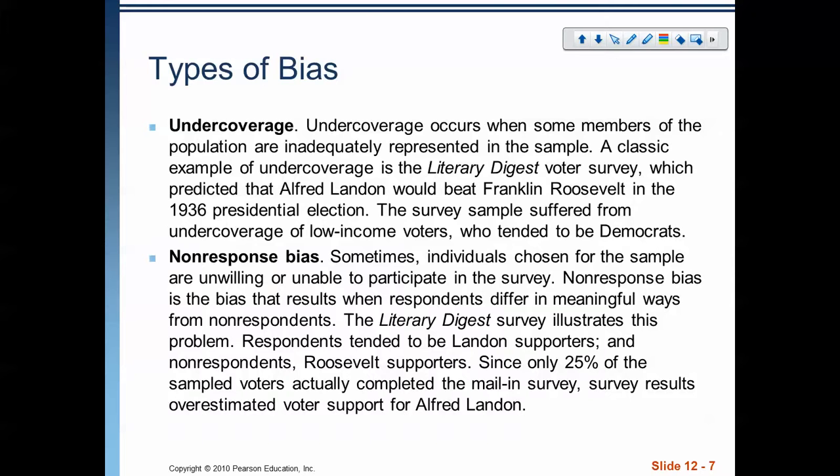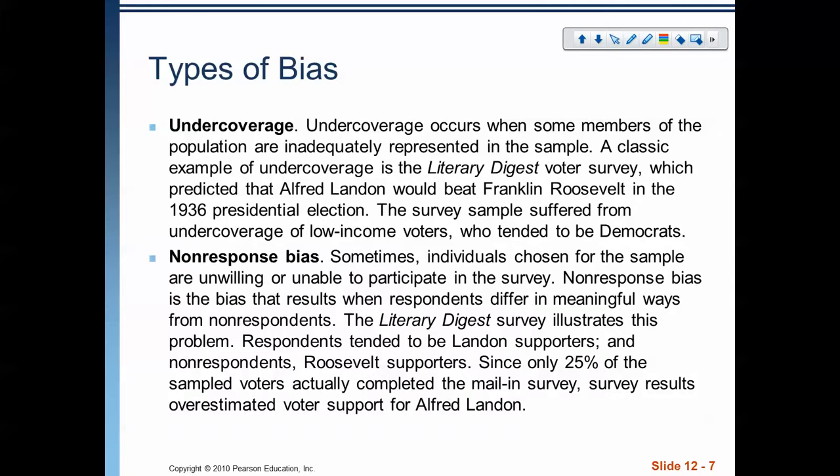So they thought Alfred Landon was going to win because they were rich and old and white, and everything they do was correct. But the survey was obviously underrepresenting the low-income voters, and so Roosevelt ended up winning that one significantly because low-income voters were part of that, right? This survey suffered from undercoverage, right?